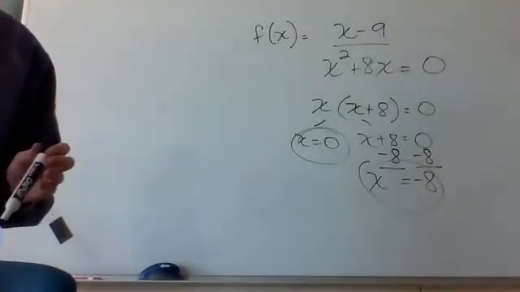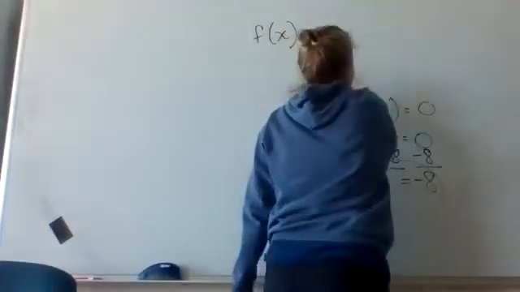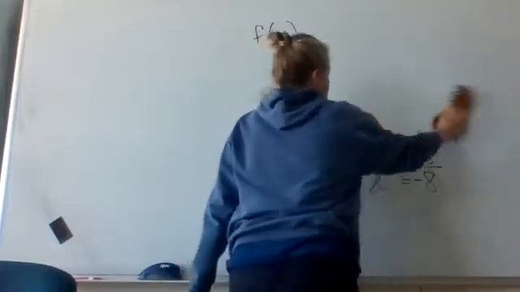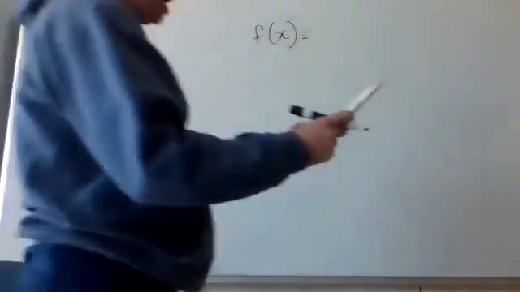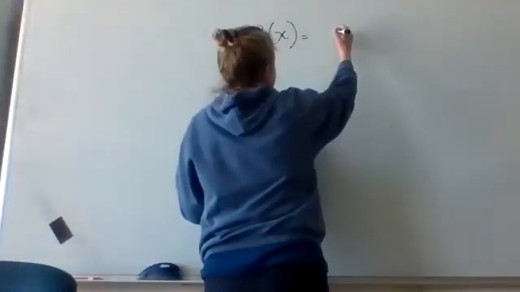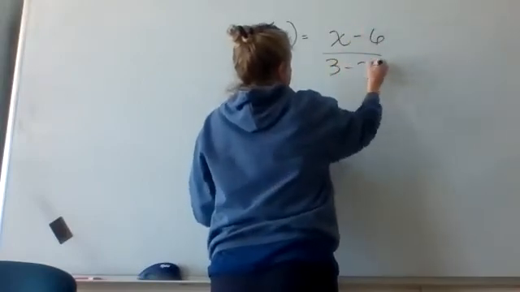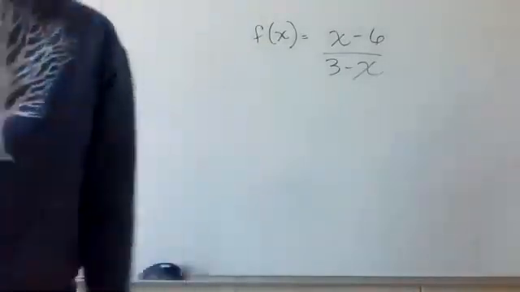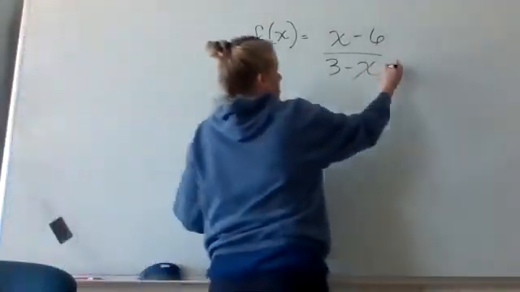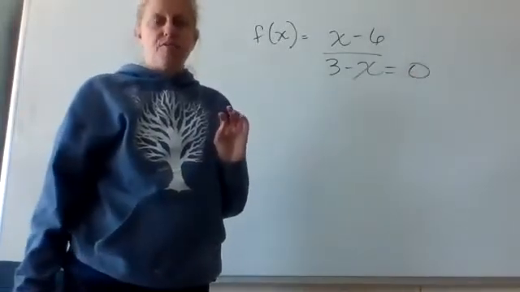All right, number 6. F of x equals x minus 6 over 3 minus x. Vertical asymptote, so set the denominator equal to 0. Solve it for x.